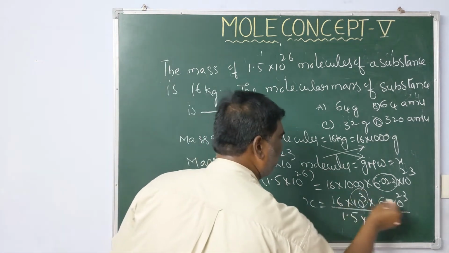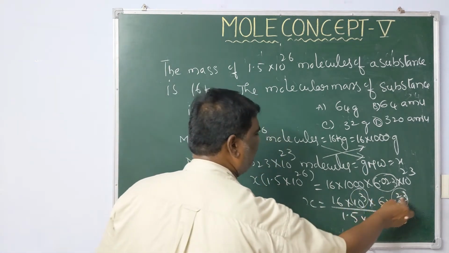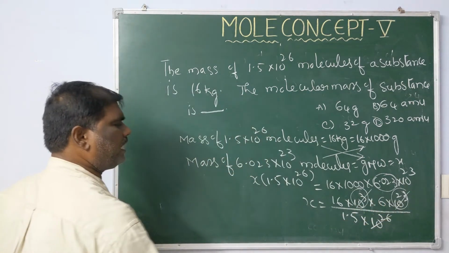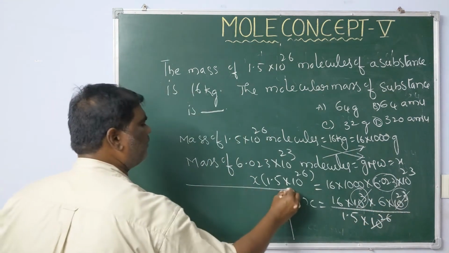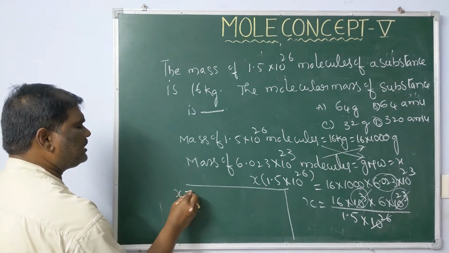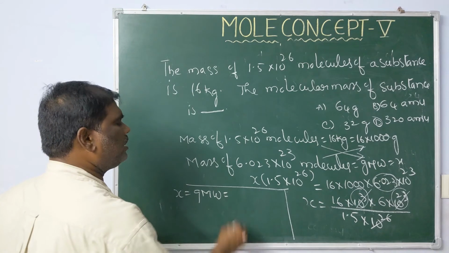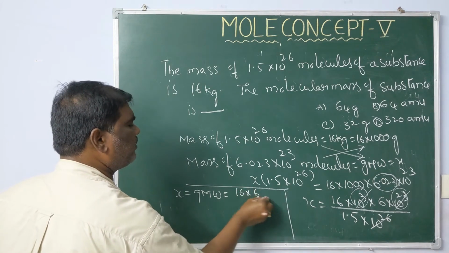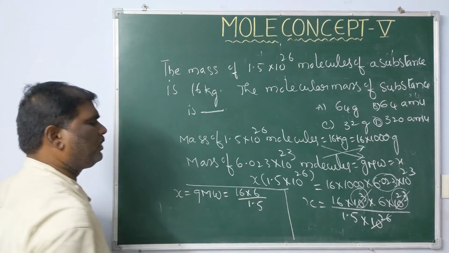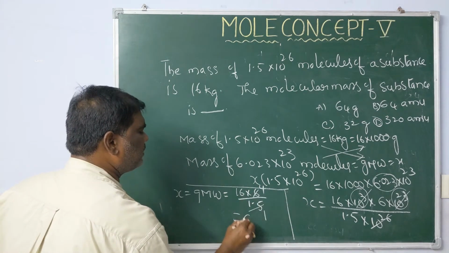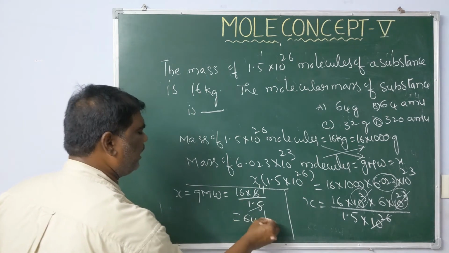The powers of 10 get cancelled. So finally x, the gram molecular weight, is 16 into 6 by 1.5. 1.5 four times is 6, so 64 grams I am getting.